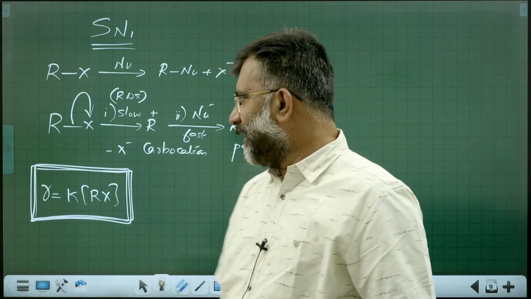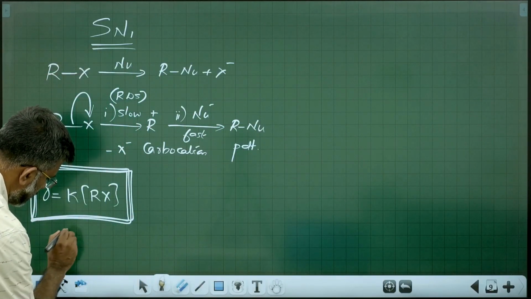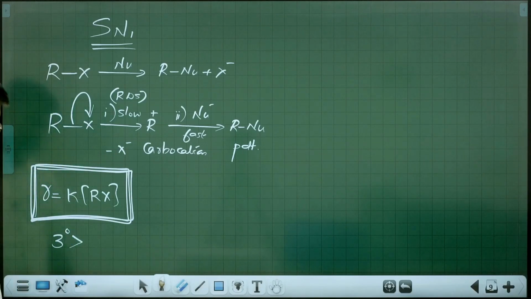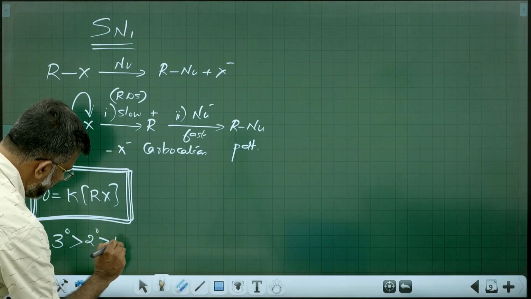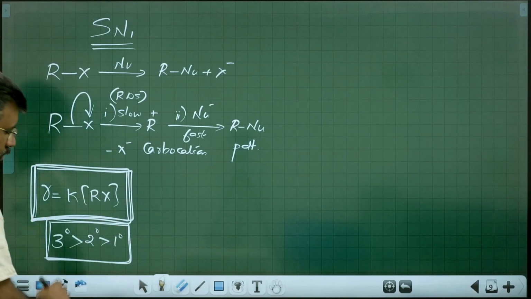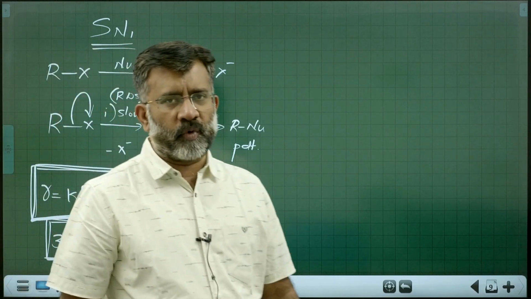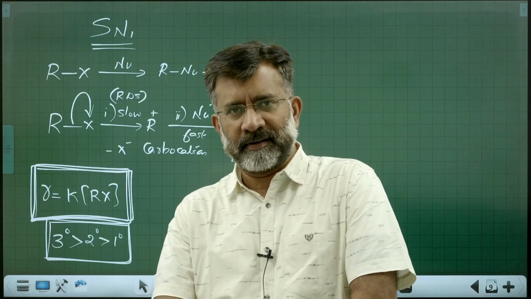The order of reactivity will be tertiary halide, most promoting SN1 mechanism, then secondary halide, then primary halide. This will be the order of reactivity towards SN1 mechanism. Tertiary highly promotes SN1. What could be the reason?